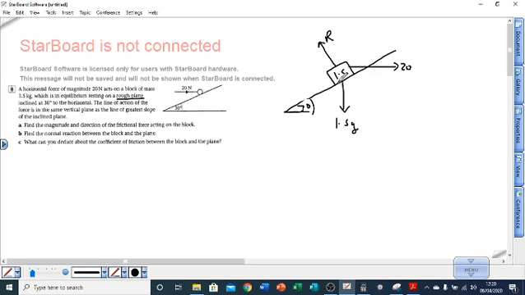The only way you're going to compare which way it is, is by first of all componentalizing this force, and you're going to see which way the frictional force is going to have to aid one way or the other to keep it in equilibrium.